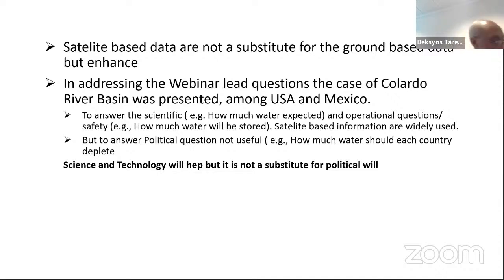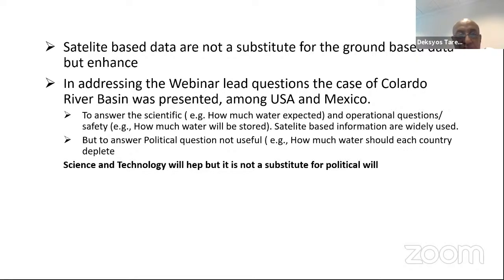In addressing the webinar questions about how the basin monitoring system can use or combine physical networks, and how field measurements and observations are adequate for basin planning and so on, to answer such a question, the case of the Colorado River Basin cooperation was presented in detail.